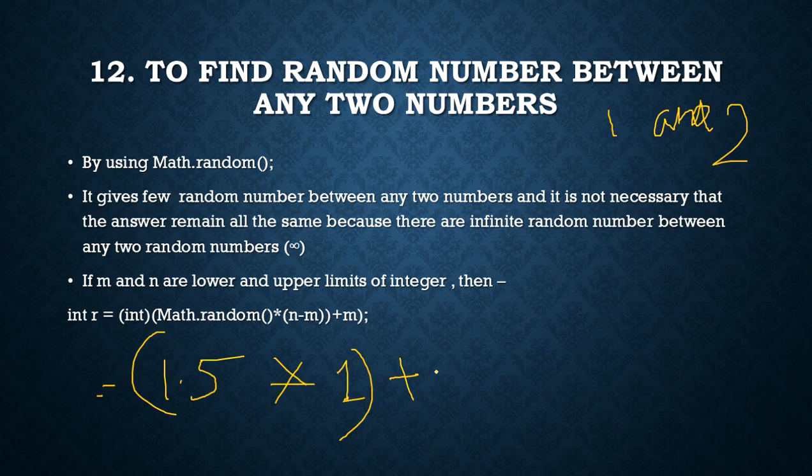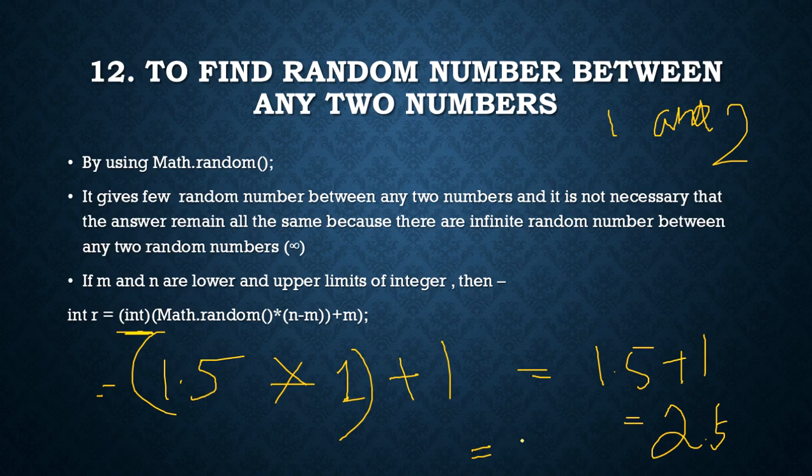What is our m? 1. So you will get 1.5 plus 1, suppose it is 2.5. It is a double number, and you have to convert it to integer. It might give 2 or it might give 3 depending on the conditions.